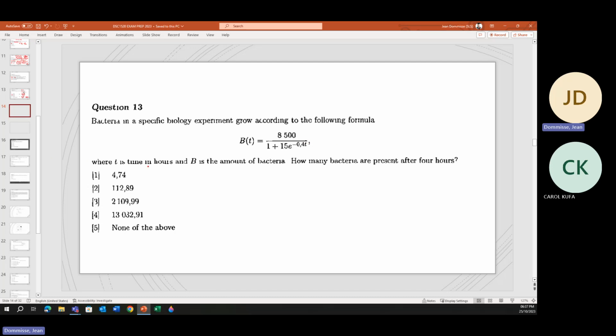T is time in hours and B is the amount of bacteria. How many bacteria are present after 4 hours?